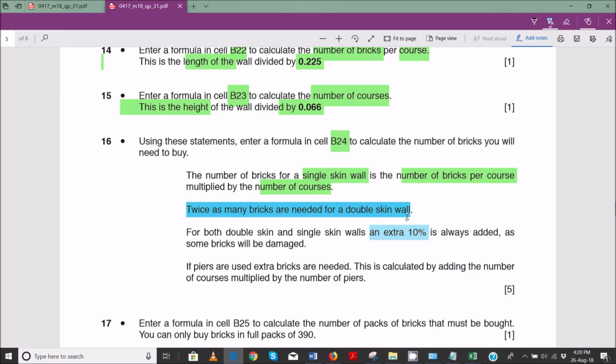Now 10%, guys, this is very mathematical. 10% more means 110, and 10% less means that you have 90% of the whole thing. If you say you got 10% less in the exam, that means you got 90%.